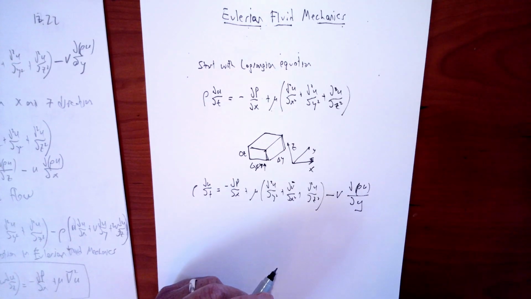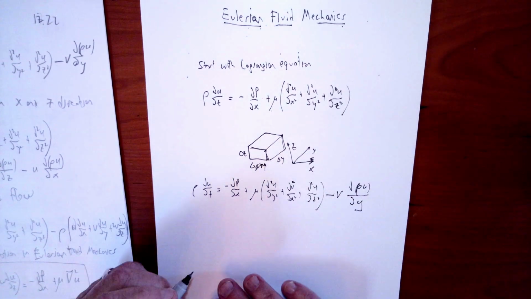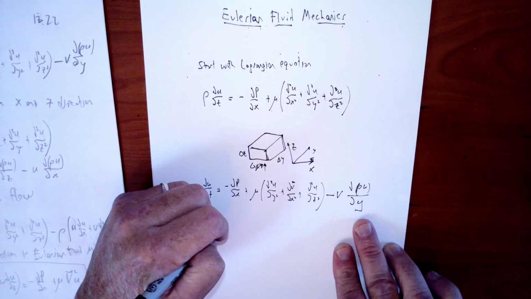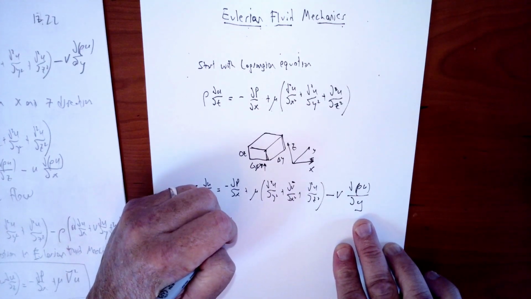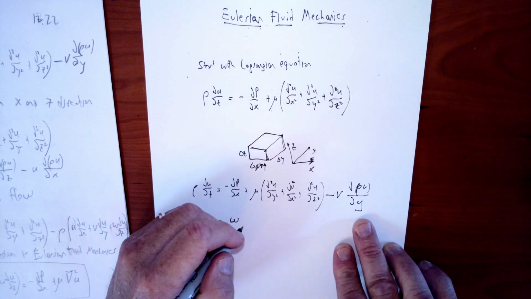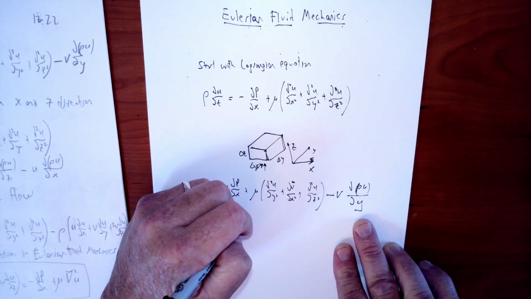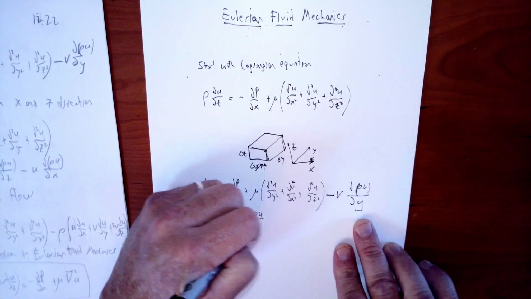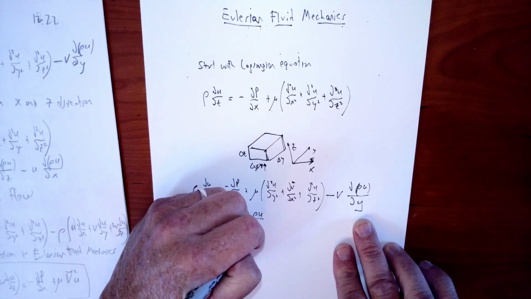So the same thing can happen in all the other directions. You have this term, and then you have another term that allows that same kind of thing to happen in the z direction. Again, we're doing the x momentum equation, so we're still interested in what's happening in the u velocity.